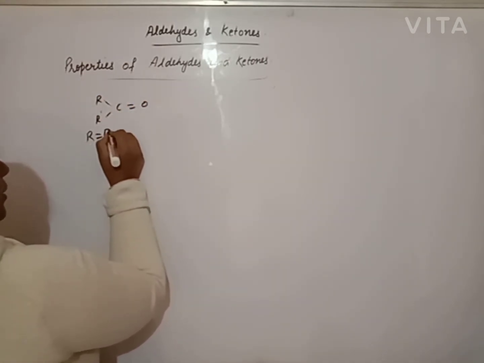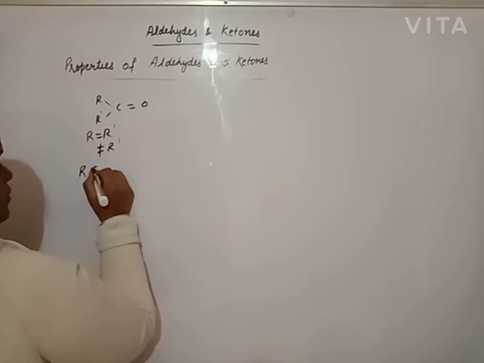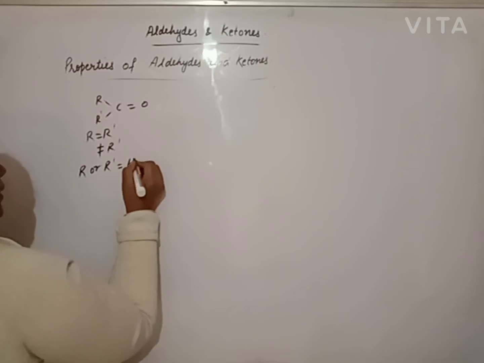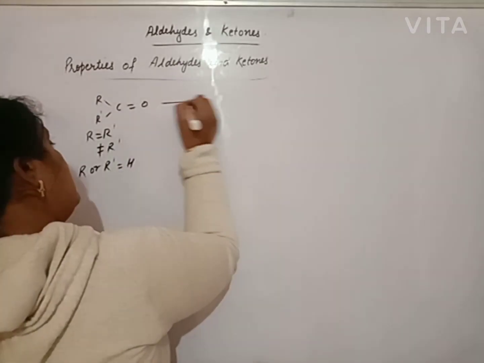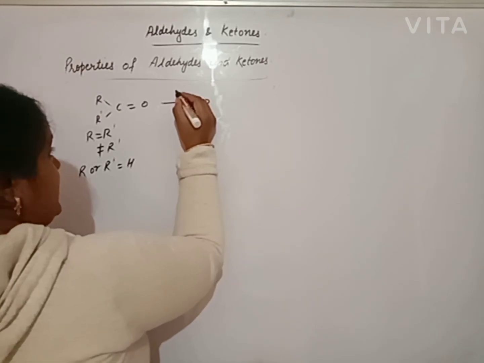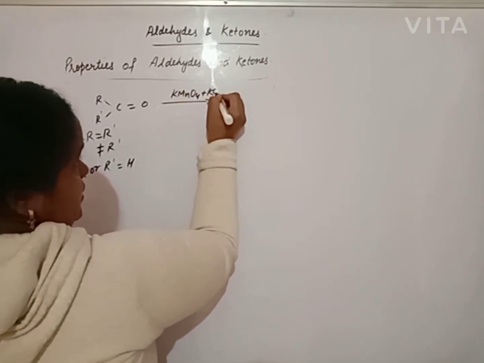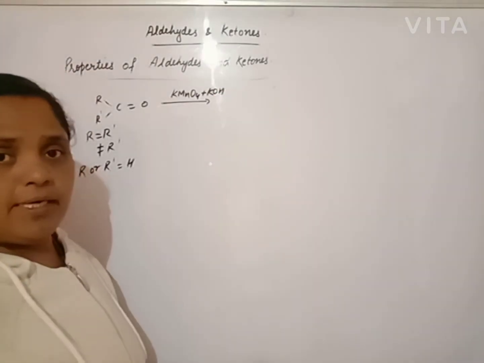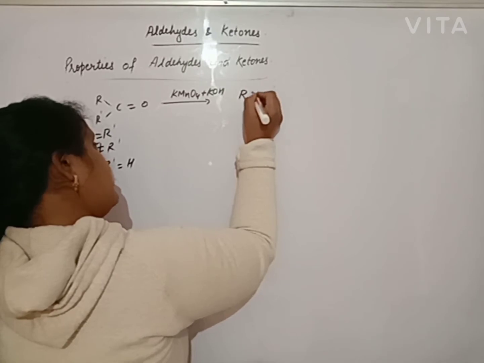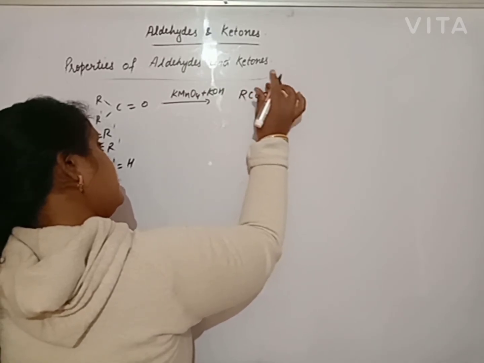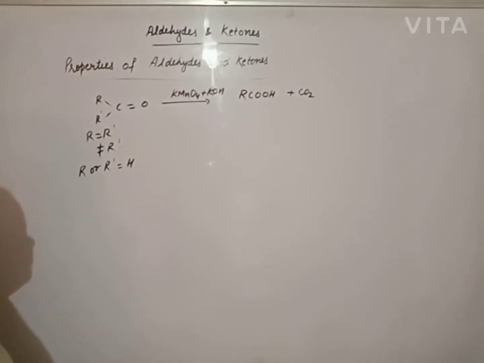R or R dash may be the same, may not be the same, and may be H. On oxidation with an oxidizing agent, a base reagent, acidified K2Cr2O7 etc., it will give a carboxylic acid with elimination of carbon dioxide and water.